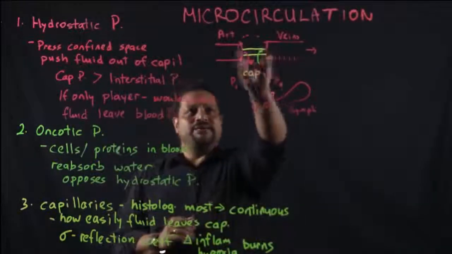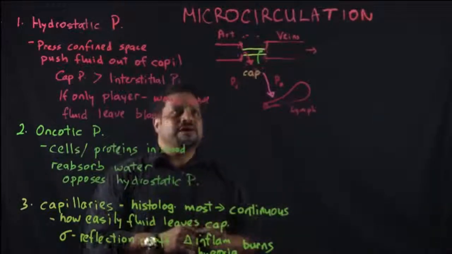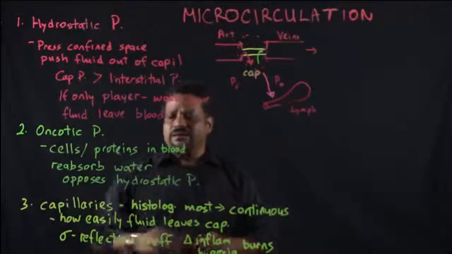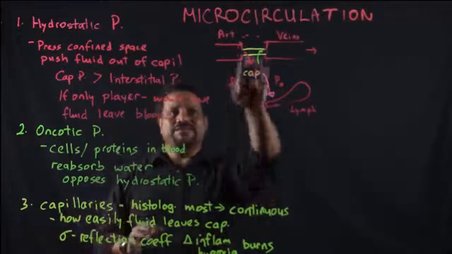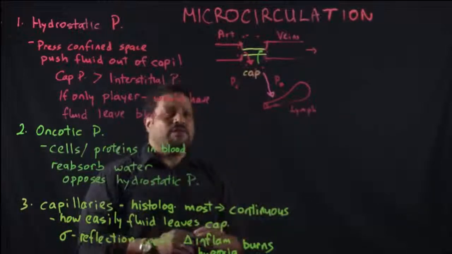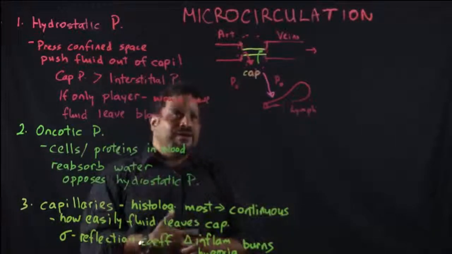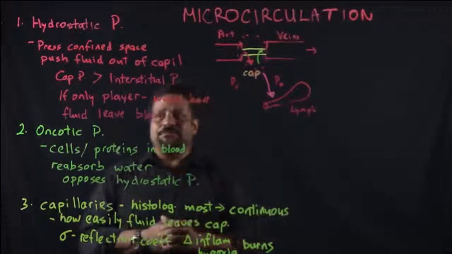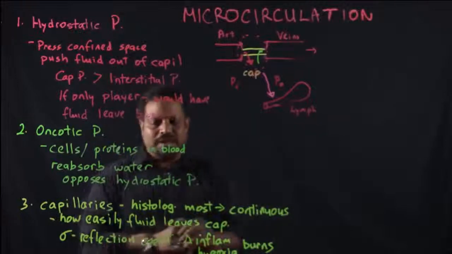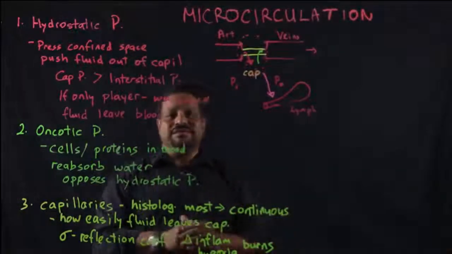These capillaries here are the most important part of the microcirculation. And what's important in the capillaries is how easily that fluid leaves the capillaries. So that depends on the different kinds of capillaries that you have. The majority are continuous, so they're a relatively fixed barrier for fluid loss, and you tend not to get very large proteins leaving.